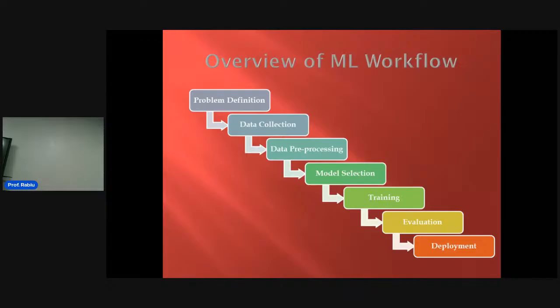Evaluation is one of the key aspects. Once you evaluate, everything goes well, then you go for the deployment. After deployment, everything is finished, right? Do you know what is in deployment? What are the processes in deployment? Anyone? If you do software design or development, you know deployment, right? What is there in deployment?